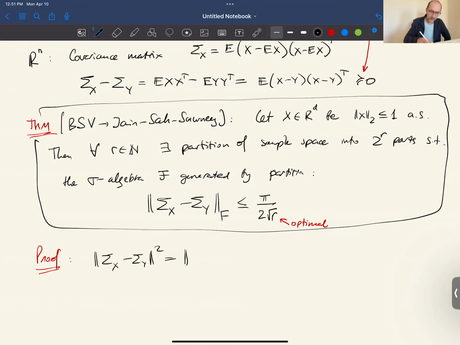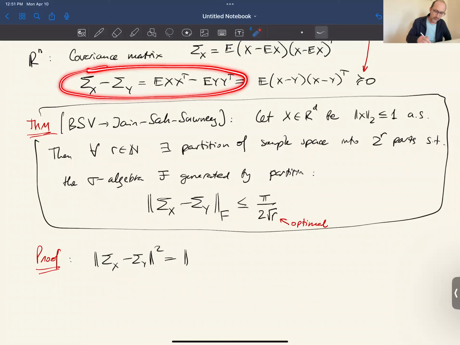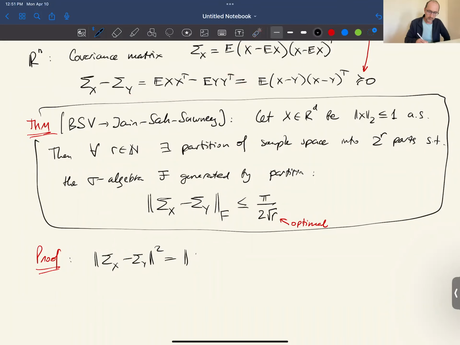Let's square this thing. I'll just rewrite this: the expected value of XX transpose minus YY transpose, Frobenius norm, squared. Now a little exercise, maybe a 10-minute exercise, to show that the conditional expectation roughly points in the same direction, not opposite.